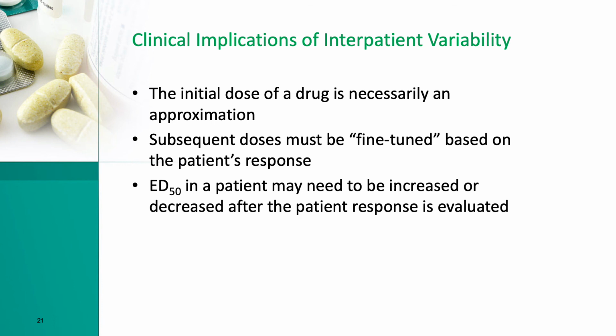The initial dose of a drug is necessarily an approximation. Subsequent doses must be fine-tuned based on the patient's response. The ED50 in a patient may need to be increased or decreased after the patient response is evaluated. If you think of the bell curve, these clinical implications only make sense.